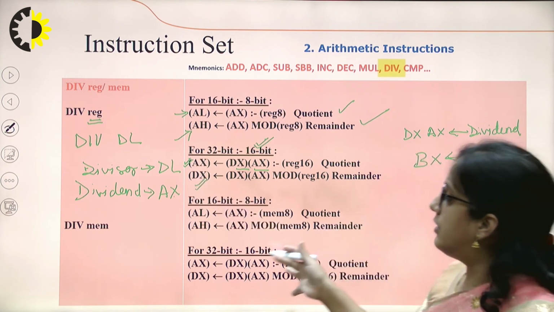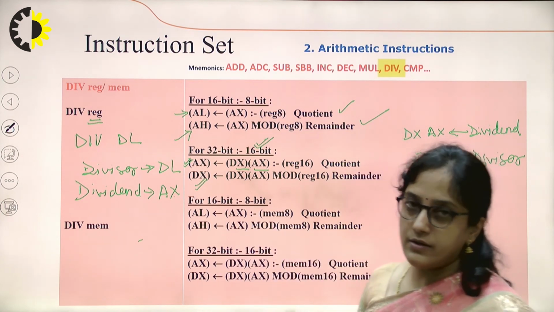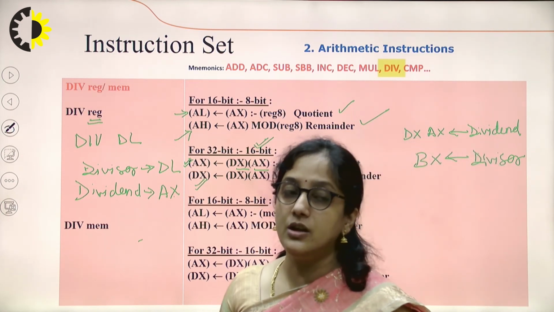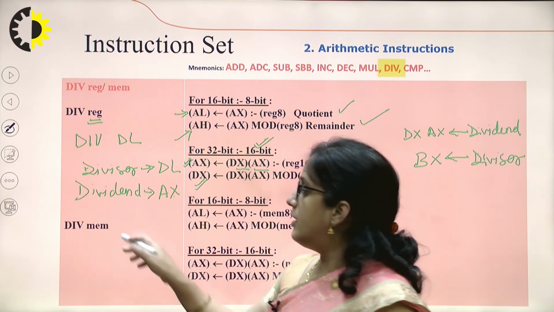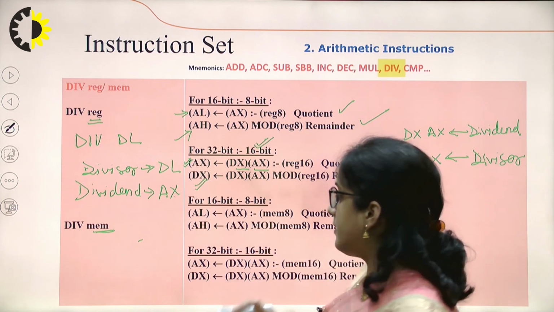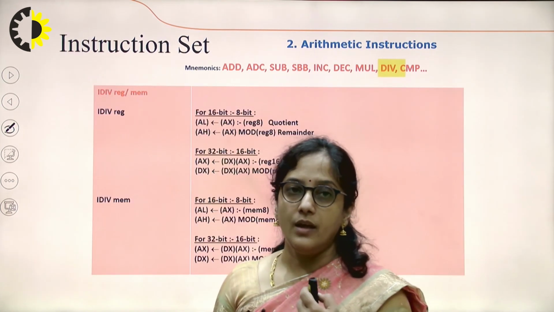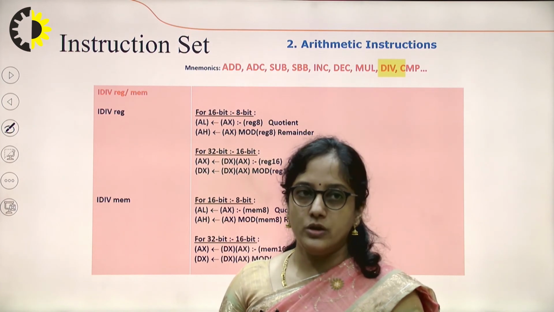Similarly, we have division with memory also, meaning we are not specifying a register. The divisor is specified in a memory location, whether the divisor is 8-bit or 16-bit, depending on how we are defining it. We will have a signed operation similarly.